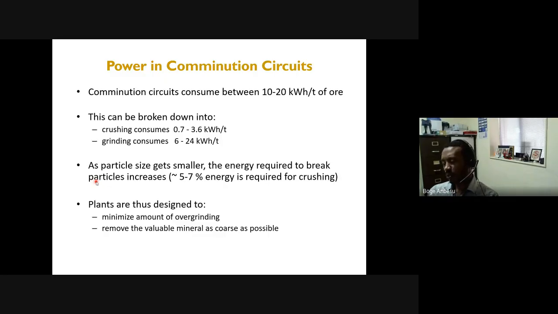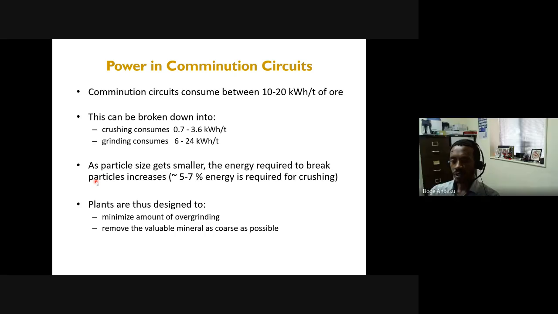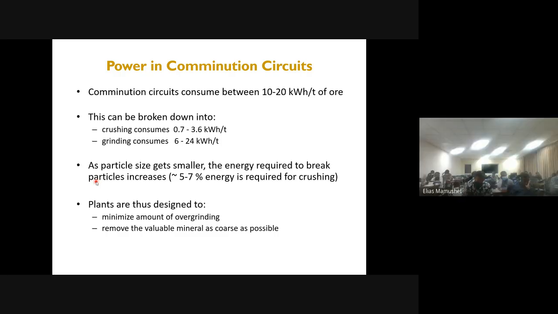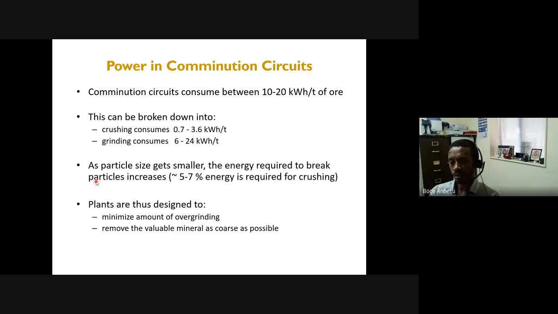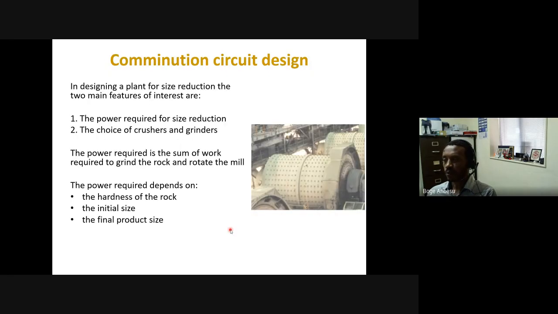So one of the things people do, for example, is try to reject the gangue early on. If I can get rid of 50% of the gangue before I do grinding by using methods like sorting and so on, then it helps reduce energy associated with comminution. So these are some of the things people are thinking about to reduce energy consumption during comminution.